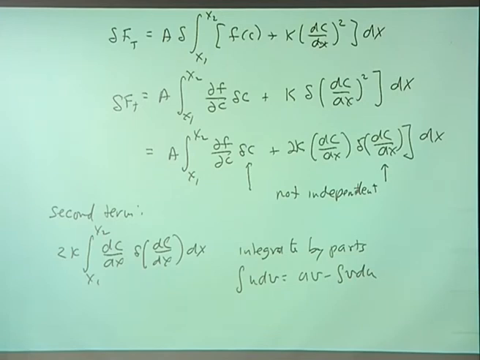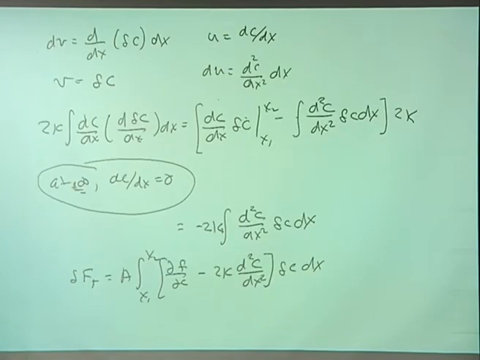Remember I said over here that these things are not independent. What you're doing here, when you integrate by parts, is exposing the variation of this gradient with respect to position. It basically allows you to expose this thing, bring the two things together, and you have this out here.